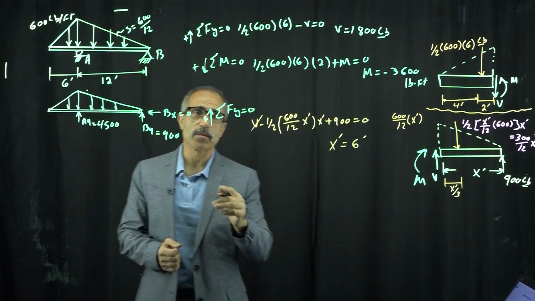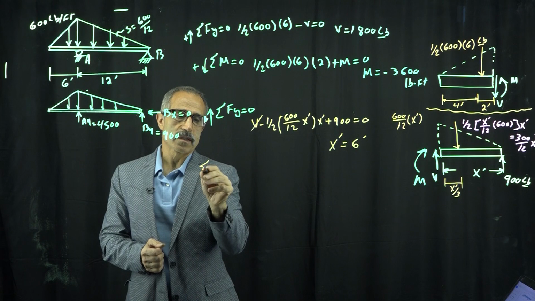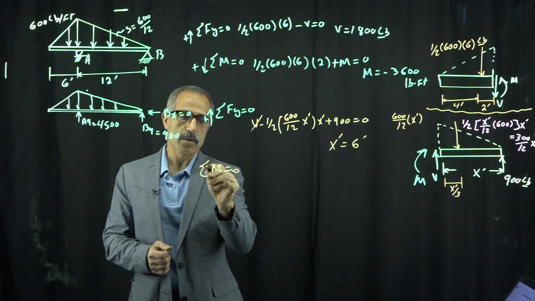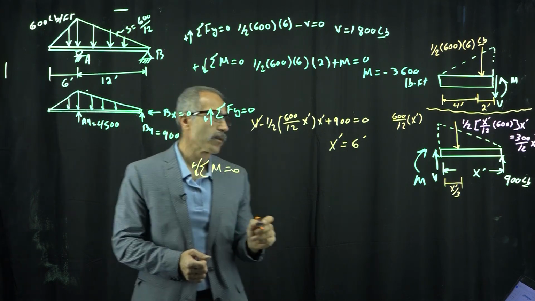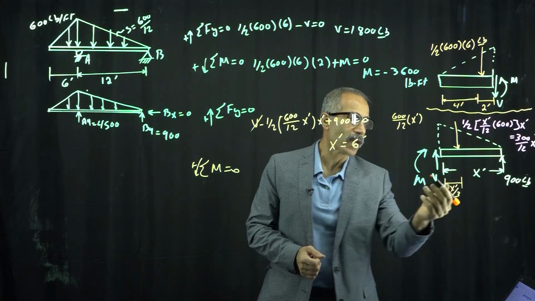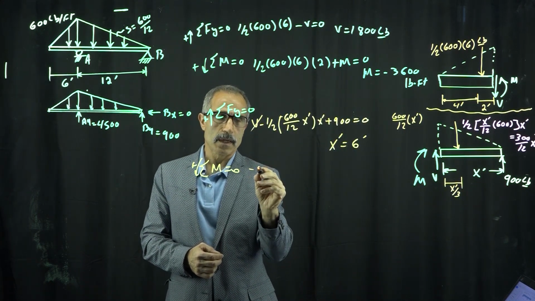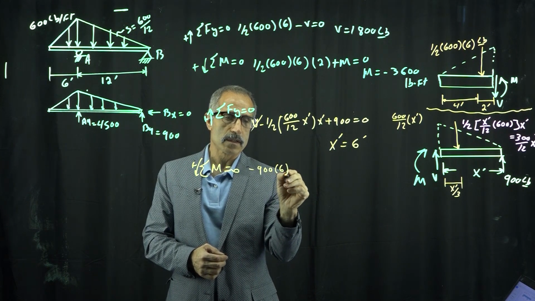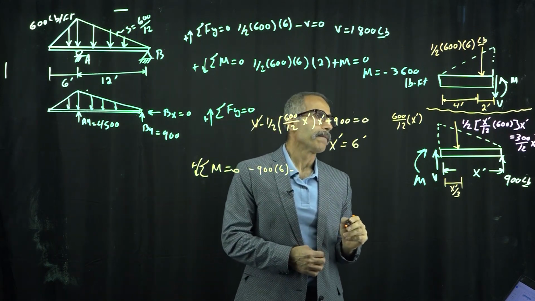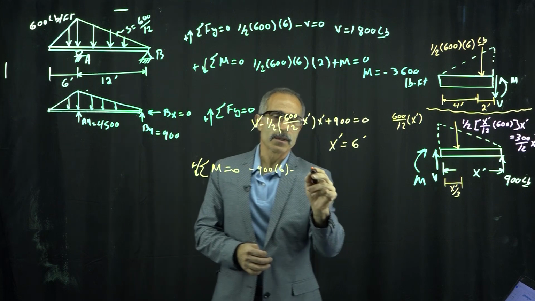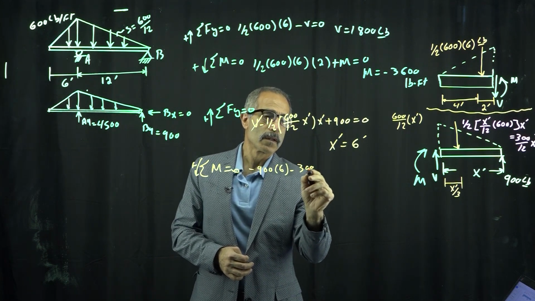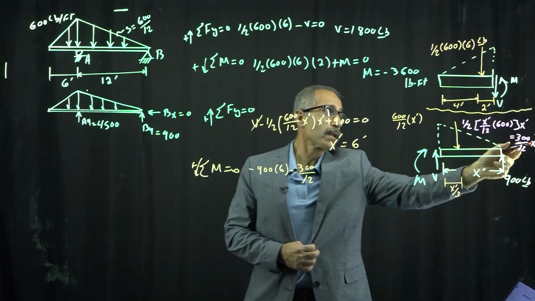Let's go ahead and calculate the moment at 6 feet. Summation moment is equal to 0. That'd be 900 times 6 feet minus 600 divided by 12 right here.